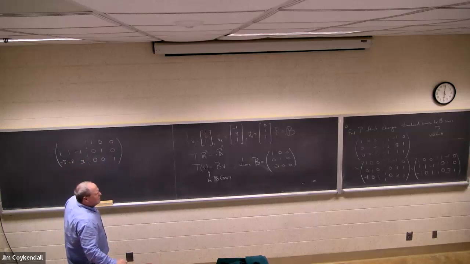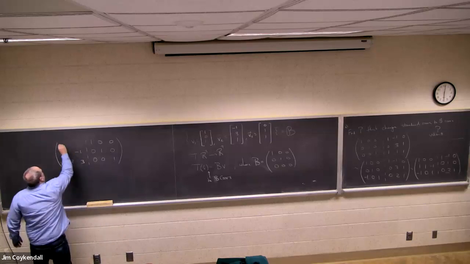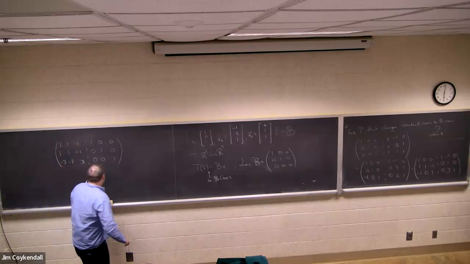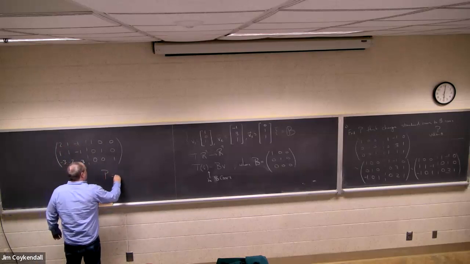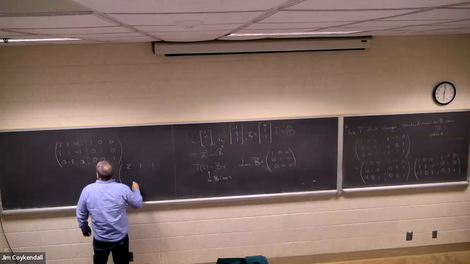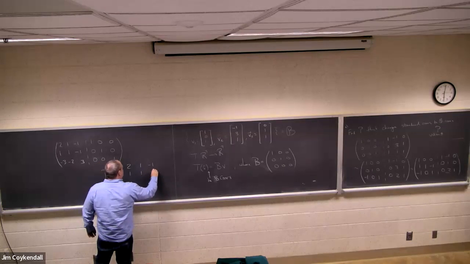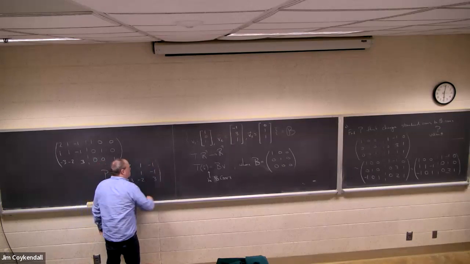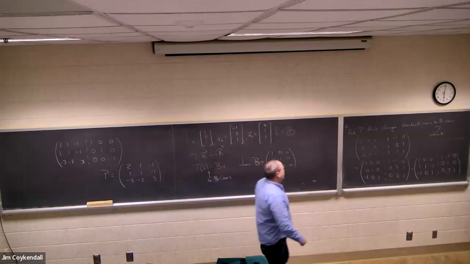Oh, this would have worked out swimmingly. I get 2, 1, -1. So the P I get is 2, 1, -1, 1, 1, -1, -3, -2, 3. And actually, that should be the inverse of this matrix.